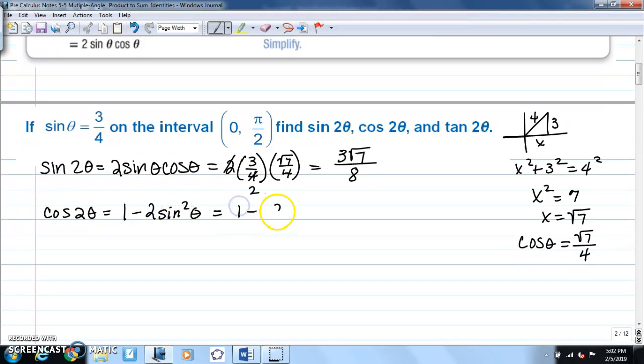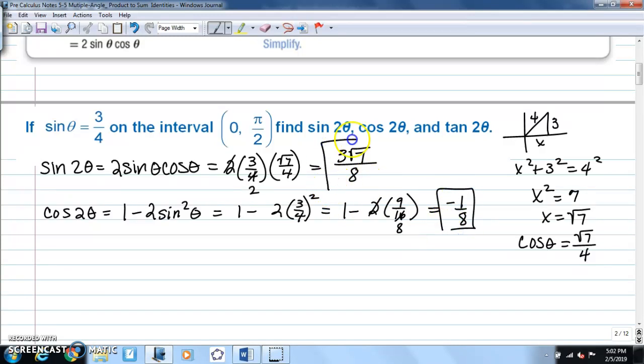So that's 1 minus 2 times the sine of theta squared. Sine of theta is 3/4. So we get 1 minus 2 times 9/16. Well, again, we can simplify a little bit here. That 2 cancels with that and leaves an 8. So I have 1 minus 9/8. Well, that's 8 over 8 minus 9/8, which is negative 1/8.